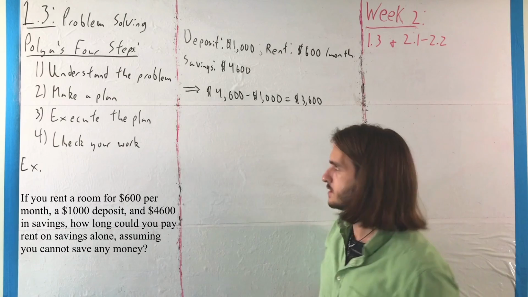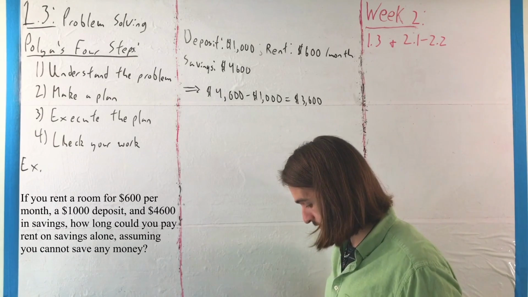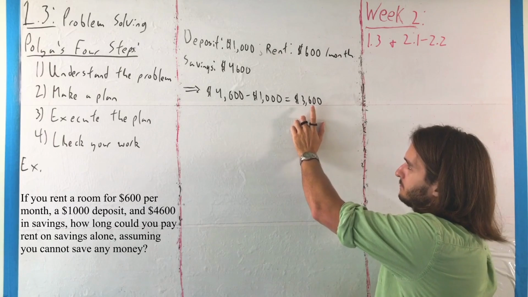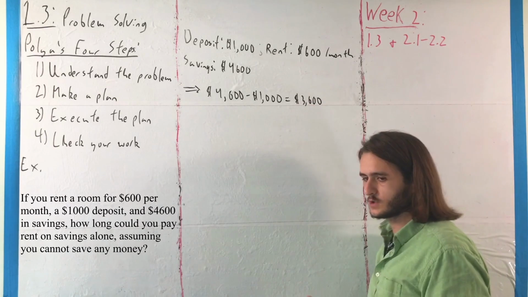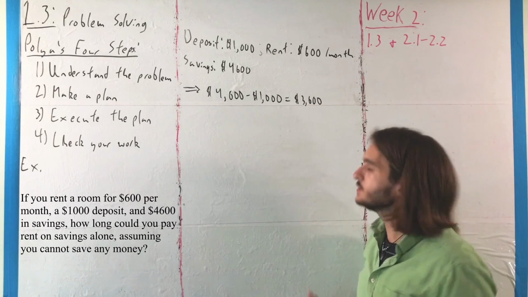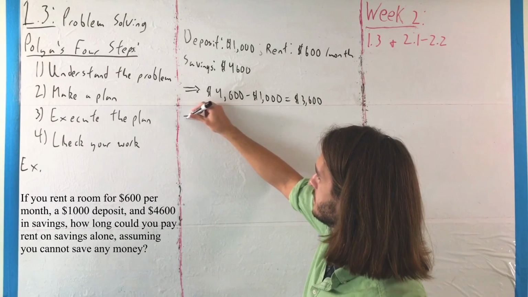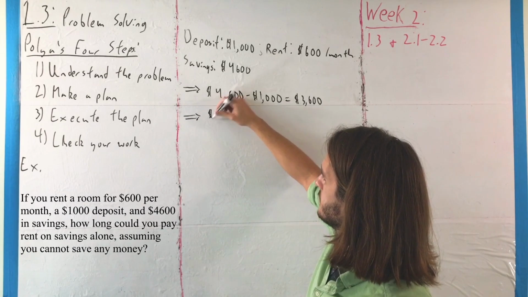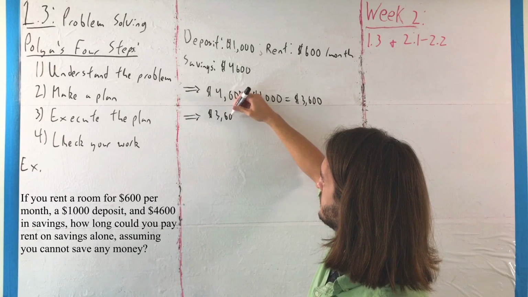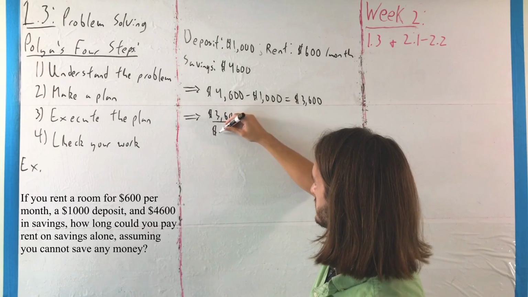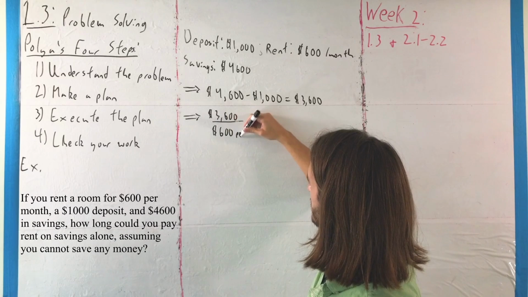Deposits are basically non-negotiable. And then from there, what we need to do is recognize how many months fit into this $3,600. So essentially what you're going to do here is just take this $3,600 and divide it out by the $600 per month.